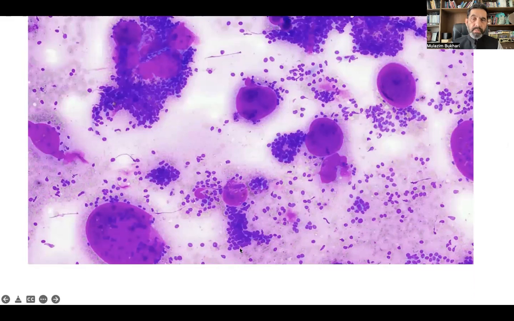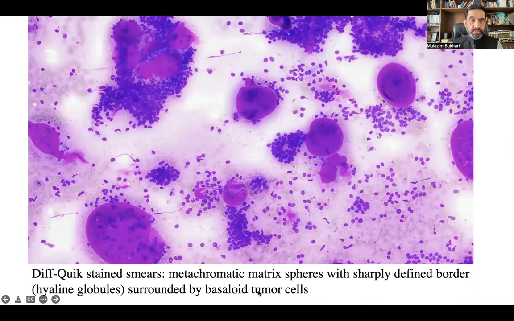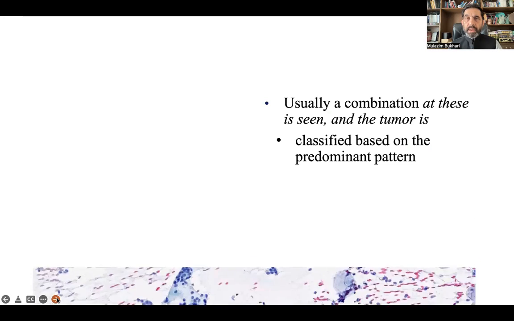This is the metachromatic material. This is the quick stain you can see in your lab, the Giemsa stain, showing metachromatic matrix with hyalinization.